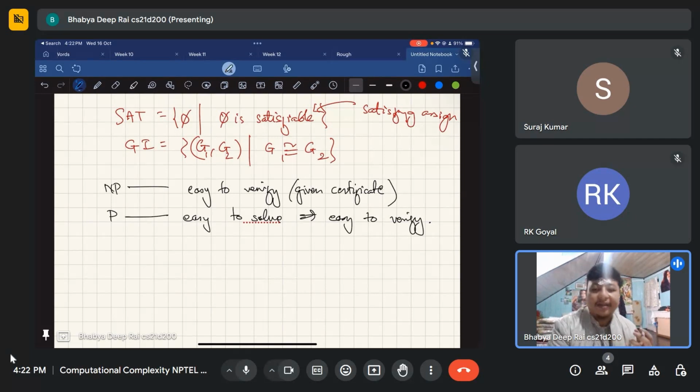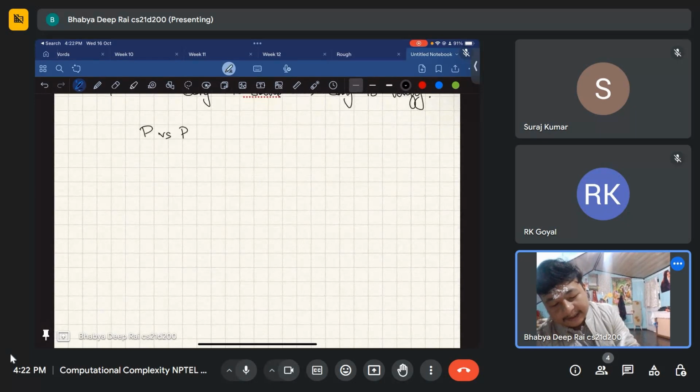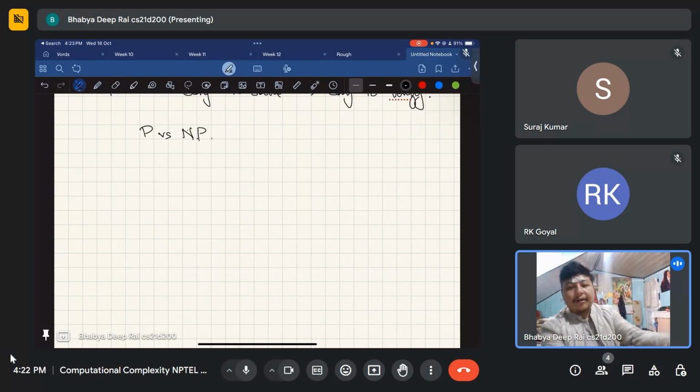Philosophically, verification seems to be harder than solving. That is where we come to the idea of P versus NP. Sorry, I think I flipped it. Solving seems to be strictly harder than just verifying. So the question is: is it true that P equals NP, or P is not equal to NP?